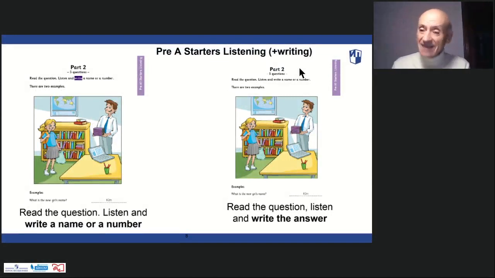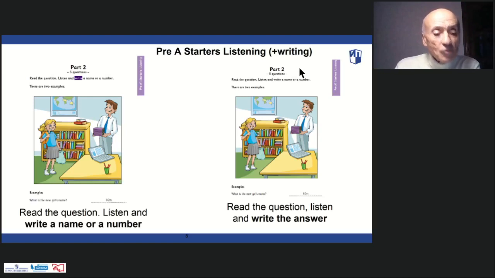Now that you've got the complete picture, let's take a look at some typical tasks of testing writing in the Cambridge English for Young Learners exam format. A1 starters, listening plus writing. There's a task of, for example, 5 questions. Read the question, listen and write a name or a number.